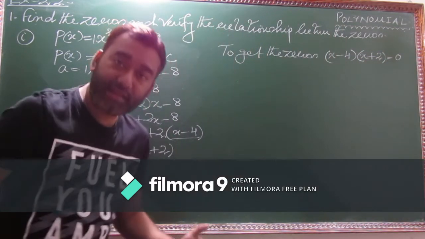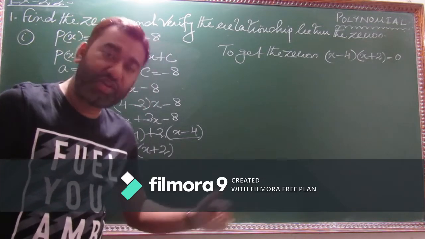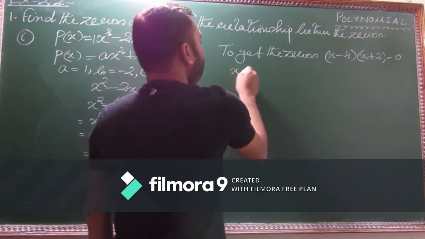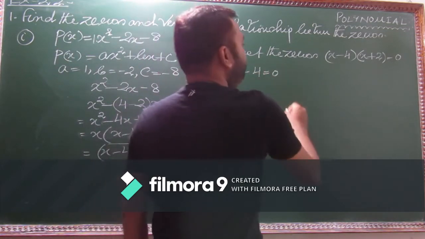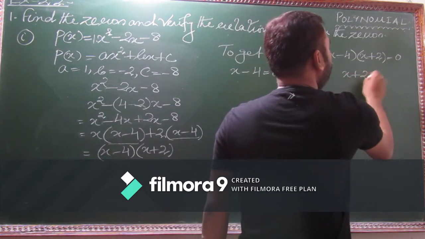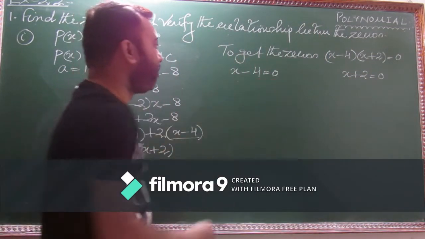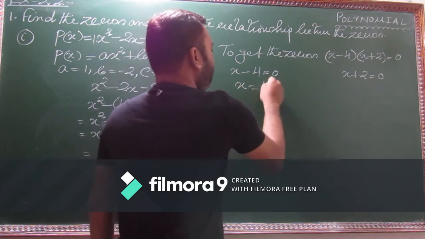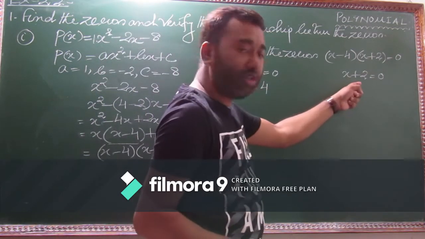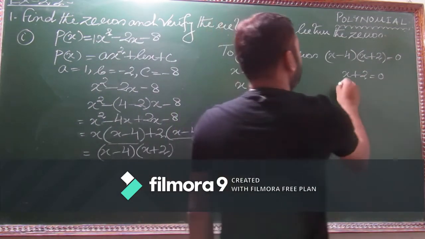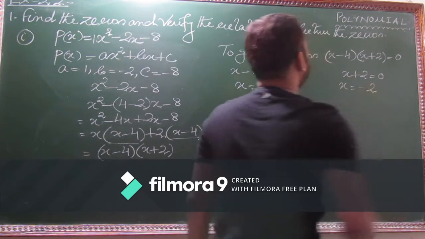Now if their product is 0, then each factor individually is 0. That means x minus 4 is equal to 0 and x plus 2 is equal to 0. If x minus 4 is equal to 0, it will give x is equal to 4, and if x plus 2 is equal to 0, it will give x is equal to minus 2.